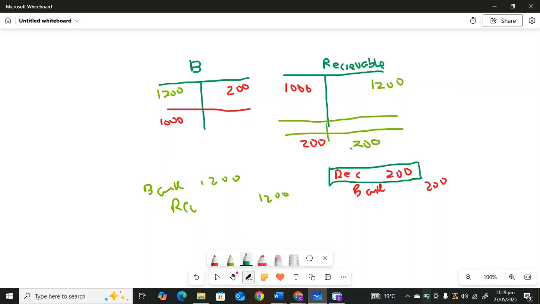Is that okay, Mr. Chimoni? Yes, we can put slash payable here because when you're paying, you're reducing the payable. Remember, whenever you're paying someone that you owe, you debit the payable.